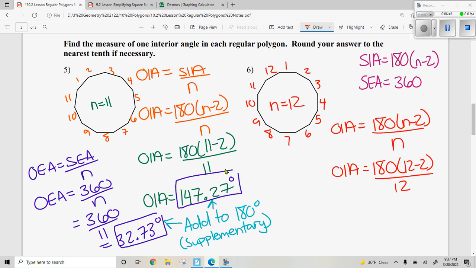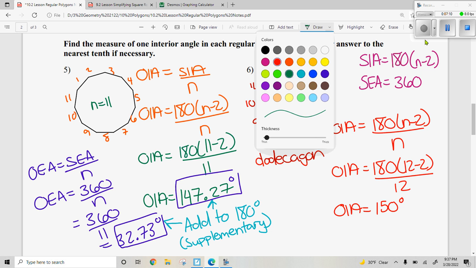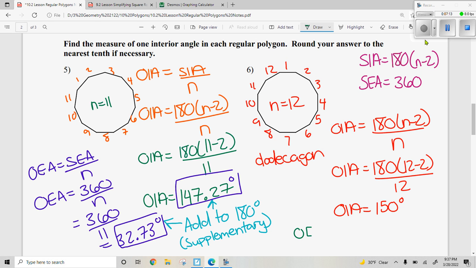And I'm going to pause and calculate this. So we'd get one interior angle in this regular dodecagon to be 150 degrees. And so we could find the measure of one exterior angle by doing 360 divided by 12, or an alternate way to find that is to do 180 minus my one interior angle.